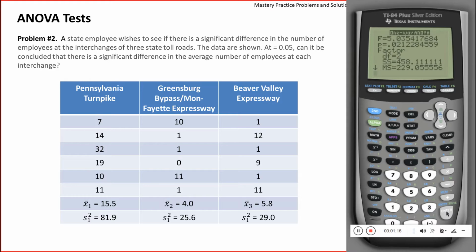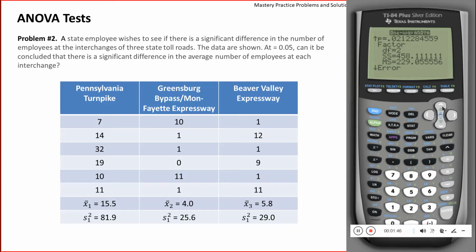And there it is. It has calculated the F factor for you, the test value. It's calculated the p-value associated with that test value, and then, as you can see, it's got some of the degrees of freedom information and the sum of squares for both what's called the error and the factor data.